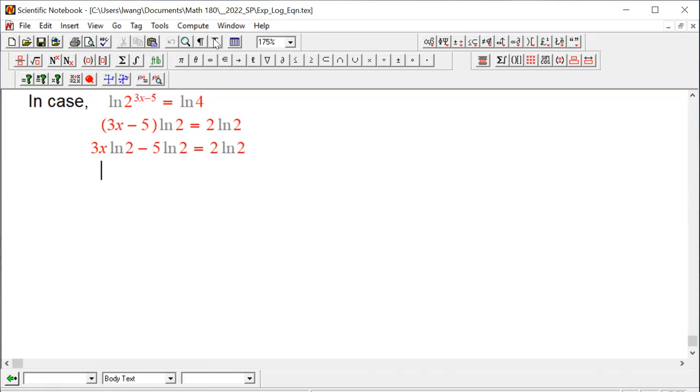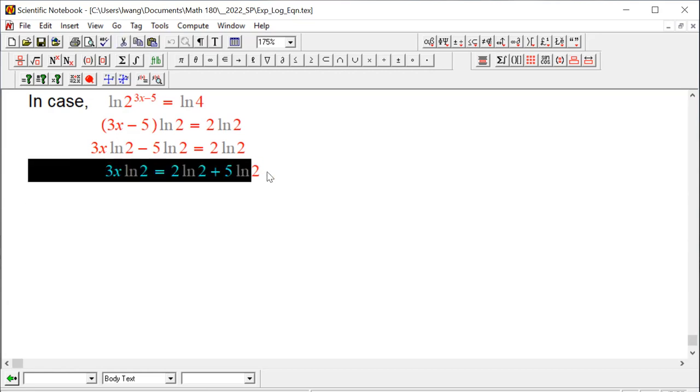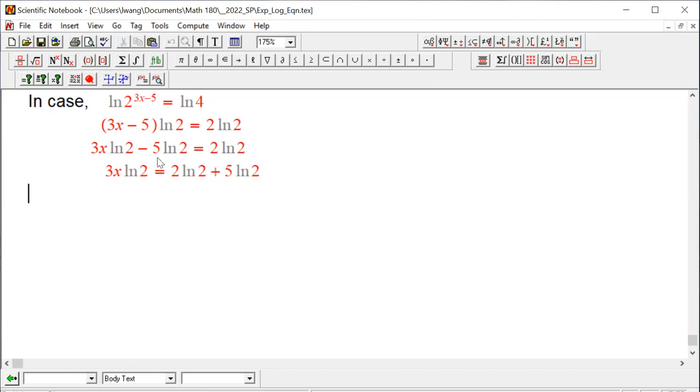As a result, you have 3x ln2 and you have 7 times ln2, which is 2 times ln2 plus 5 times ln2. You see that? And that is 3 times x equals 7 times ln2.